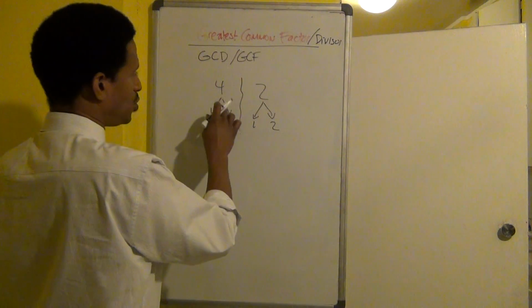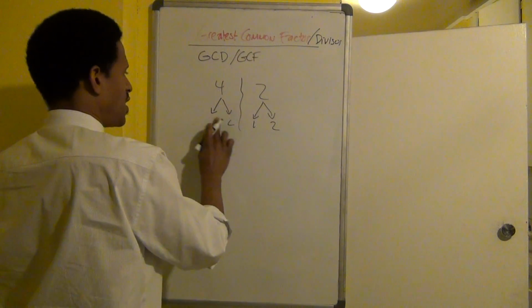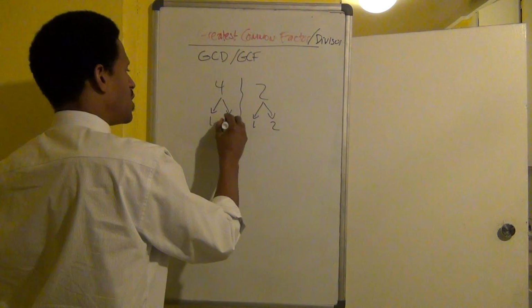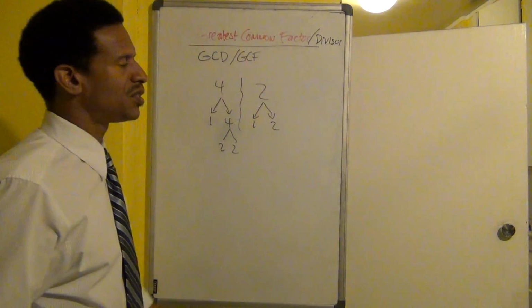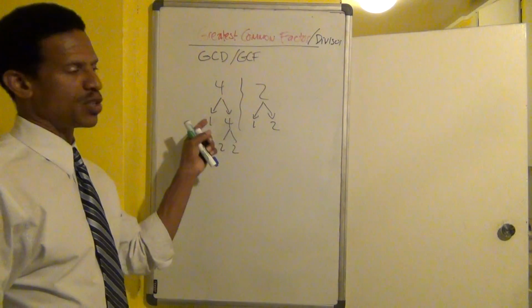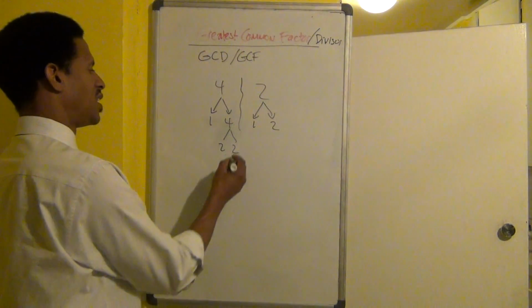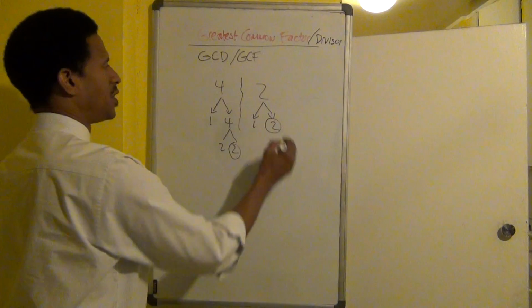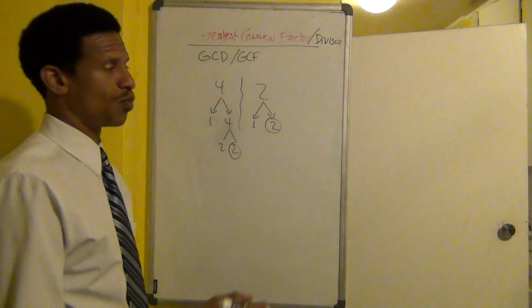Now, the reason why I do 2 times 2 over here as opposed to 1 times 4 is because if I do 1 times 4, notice 2 times 2. So this is sort of unusual to even put the 1 here, but I just want to give you an understanding of what they have in common. If we look at these numbers here, we can see that the largest number they have in common is 2. So the greatest common divisor or factor would be 2.